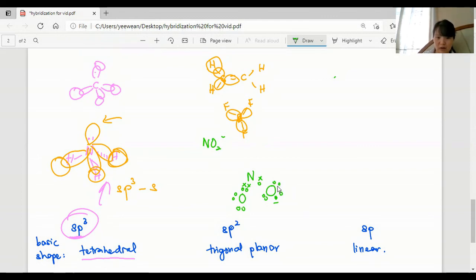And nitrogen 1, 2, 3, 4, 5. So it has 1 bond pair, 2 bond pair, 1 lone pair. So the original shape is also trigonal planar. So the orbital looks like that, which means it is also sp2 on the nitrogen, just that this part is not overlapped with anything.